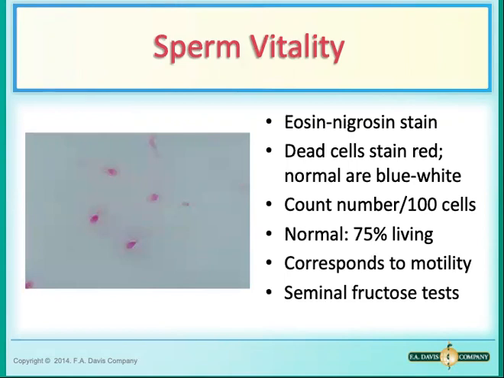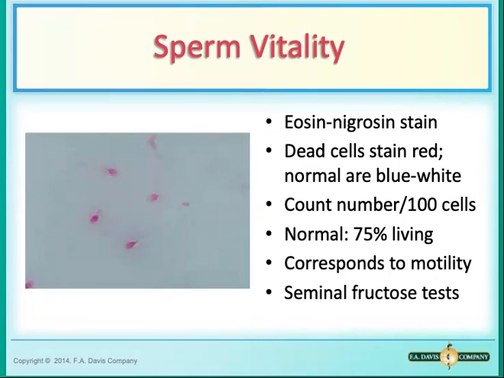Let's talk about sperm vitality. That's another test that we will use as one of the parameters when we're evaluating sperm. Decreased sperm vitality can be suspected when a specimen has a normal concentration with markedly decreased motility. This parameter, vitality, has to be assessed within 1 hour.